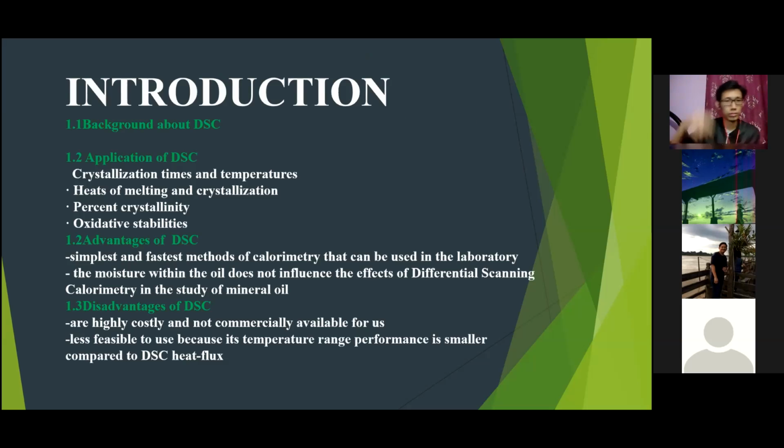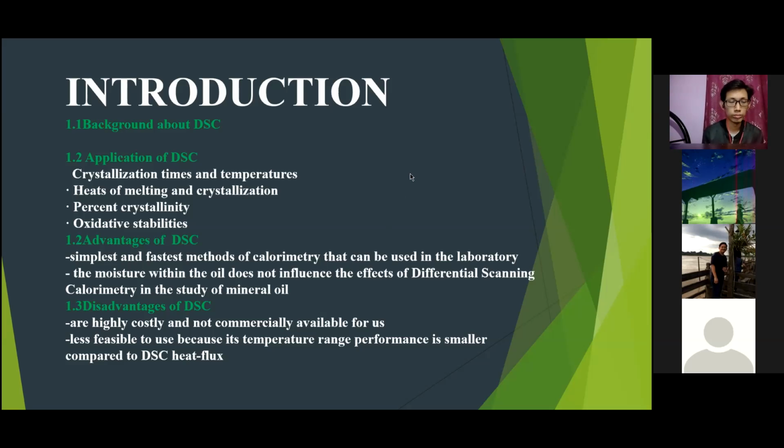Then, in the 1960s, Mike O'Neill came up with a solution: in order to measure the heat flow, the movement of heat in and out of a sample, he produced a new instrument called DSC.